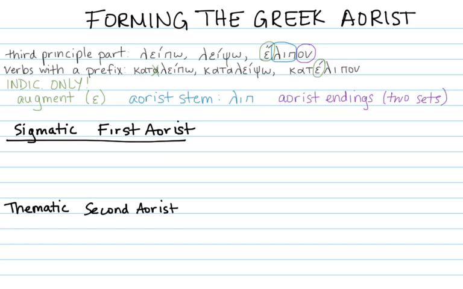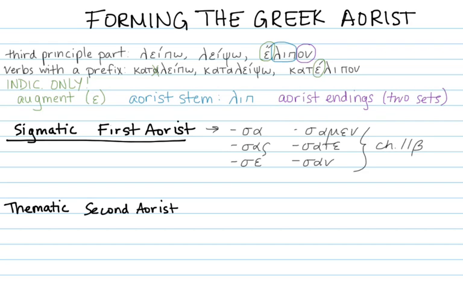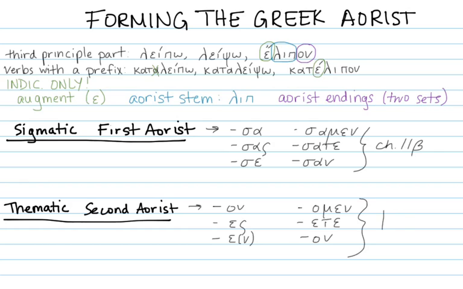Well, the first set of endings, you'll notice, has a sigma in all of them, hence the sigmatic endings, and we'll learn those in chapter 11 beta. The set that we're learning today has the theme vowel in it, O-E-E, O-E-O, and those are the ones that we are learning right now in chapter 11 alpha.